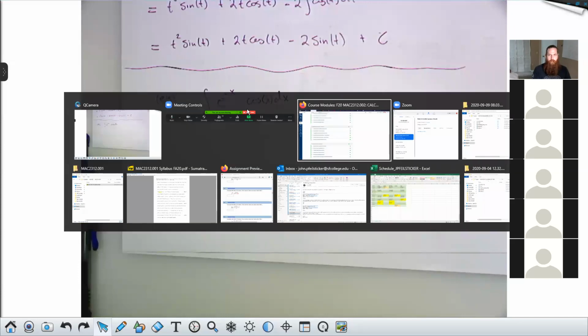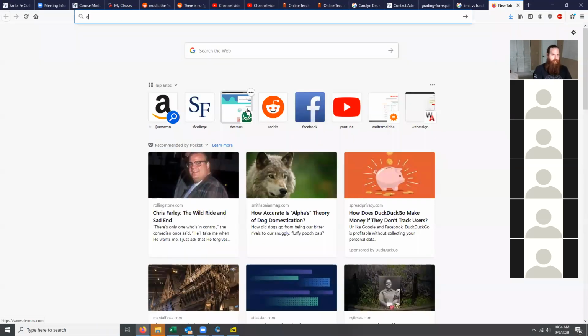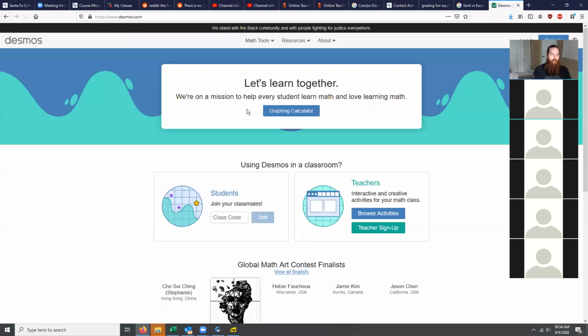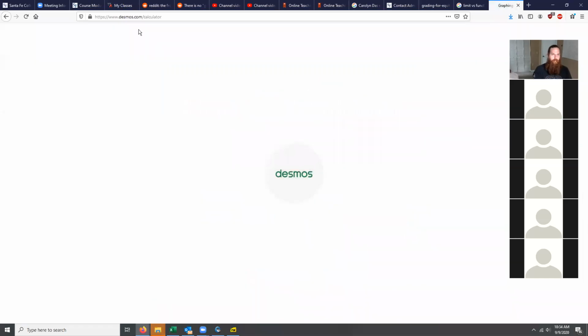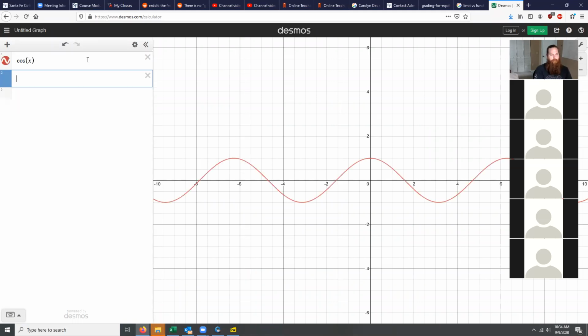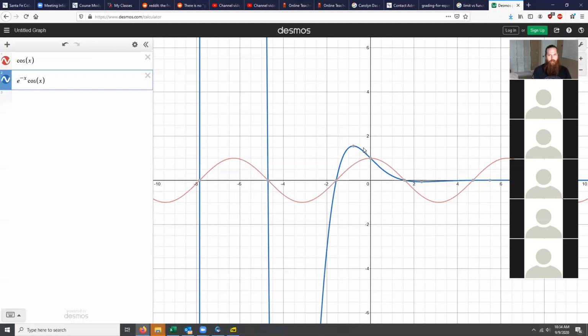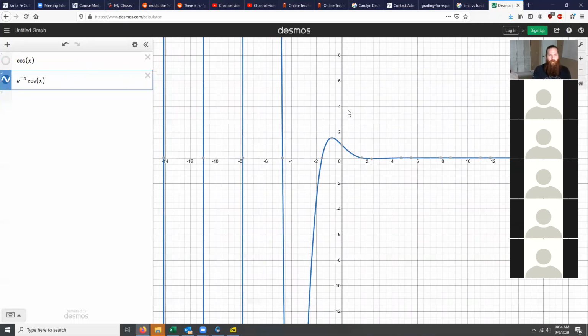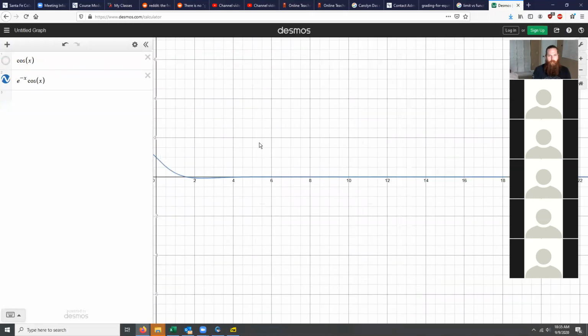Let me show you. Here's your regular cos wave. Here's e to the negative x cos x. I don't care about what's happening on the left, I care about what's happening on the right.